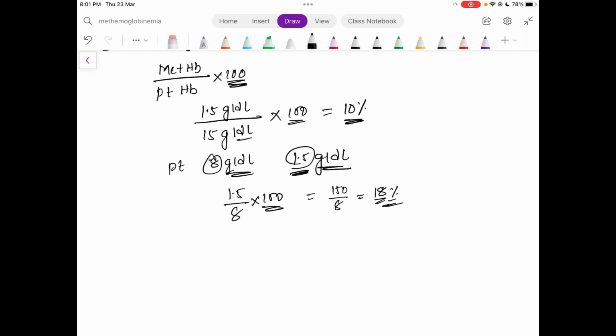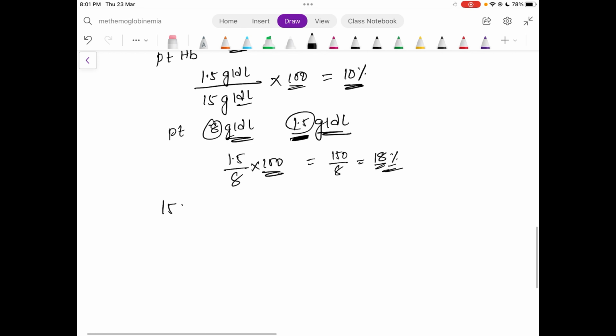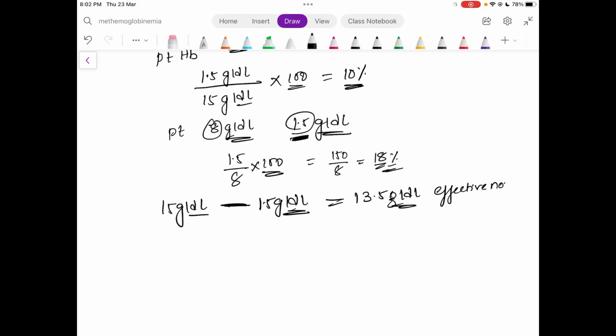Okay, so for a 15 gram per deciliter patient, if you subtract the 1.5 gram per deciliter methemoglobin, you will have 13.5 gram per deciliter effective normal hemoglobin. So the patient doesn't have that many symptoms.